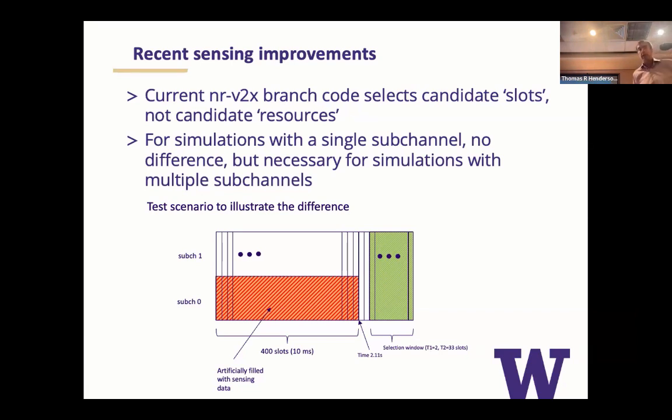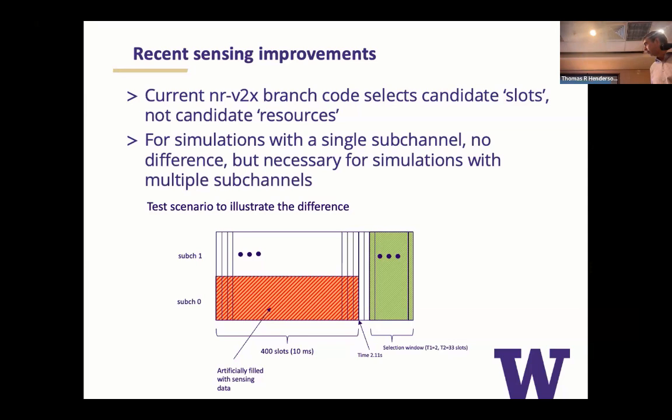And in the previous or the current code that's on the CTTC site, the current release, this type of allocation will block all resources in the selection window until you iterate, until all of these are ignored by the algorithm.